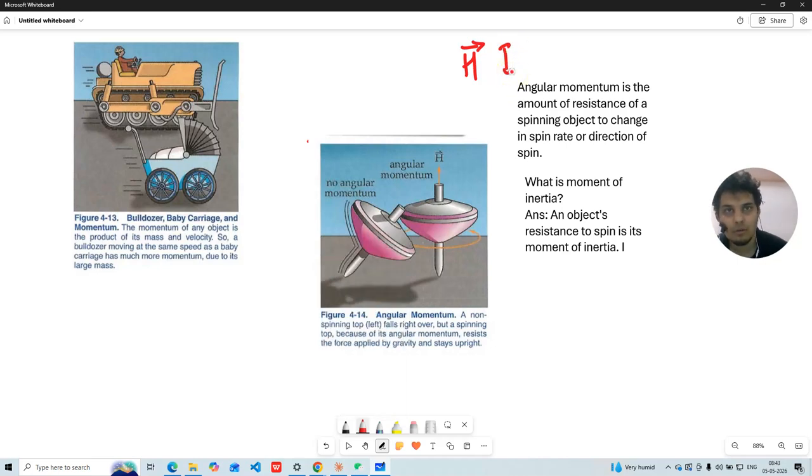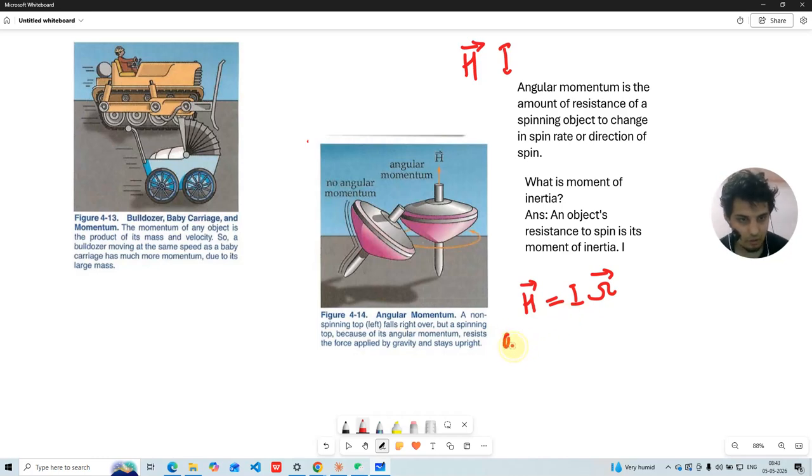We represent the angular velocity with the vector omega. So we find the angular momentum vector h using the equation h vector equal to I into omega. So angular momentum is equal to moment of inertia times angular velocity.